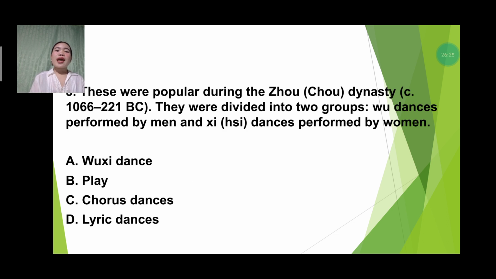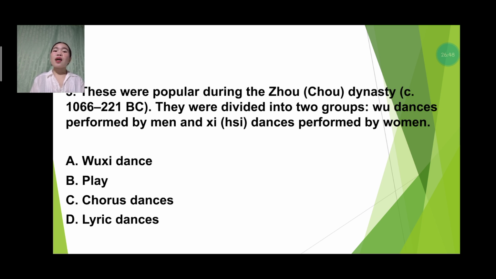Next, number 3. These were popular during the Zhou or the Chu dynasty, 166 to 221 BC. They were divided into two groups: the Wu dances performed by men and the She dances performed by women.